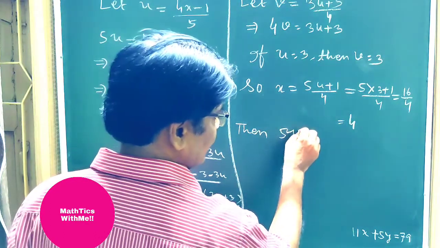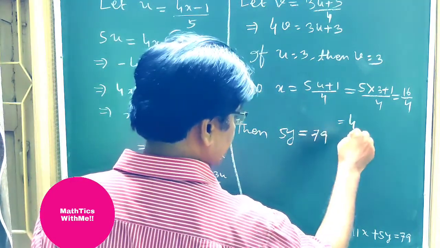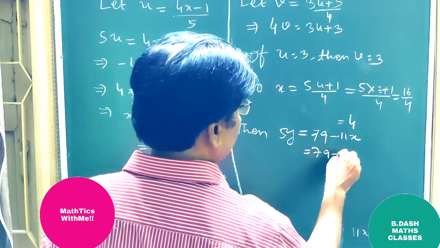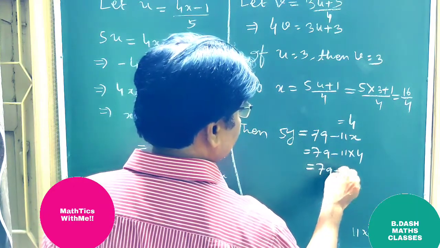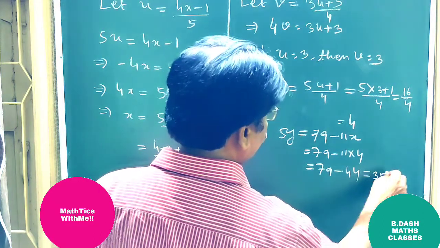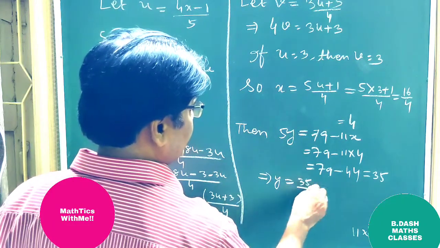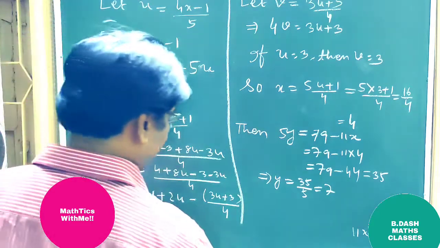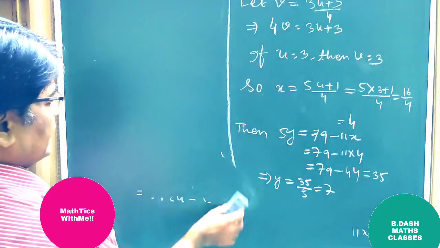So 5y is equal to 79 minus 11x, which is equal to 79 minus 11 into 4. So this is equal to 79 minus 44, which is equal to 35. So this gives us y is equal to 35 by 5 is equal to 7. Therefore we get x is equal to 4, y is equal to 7.